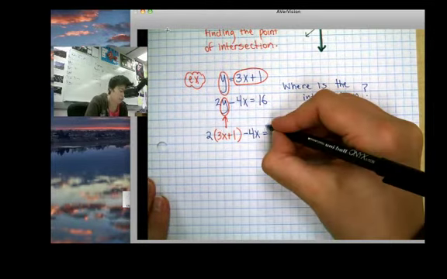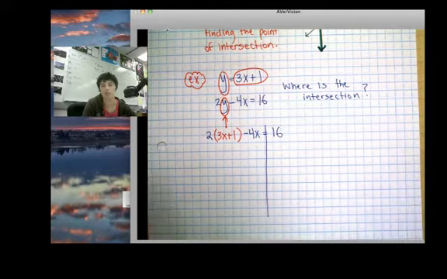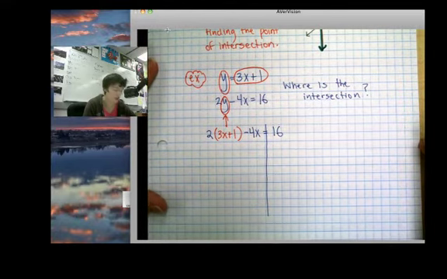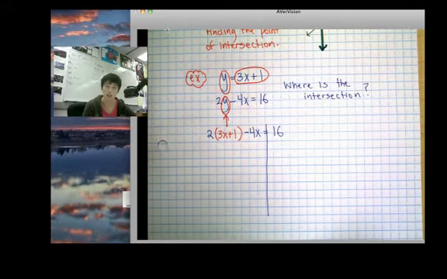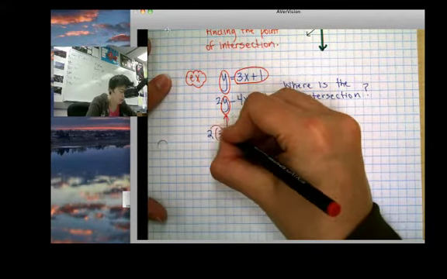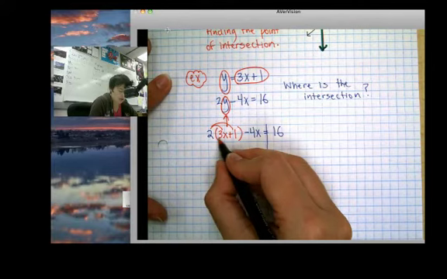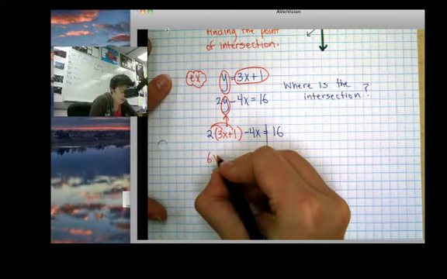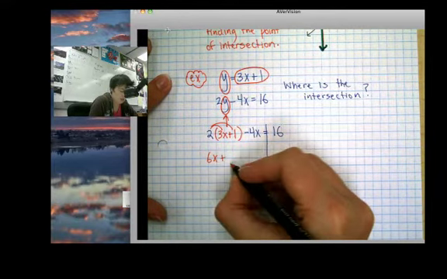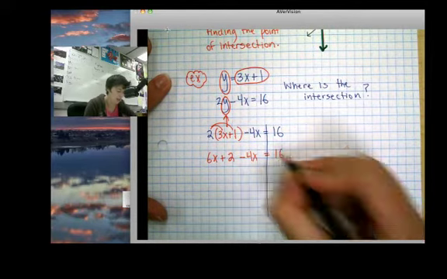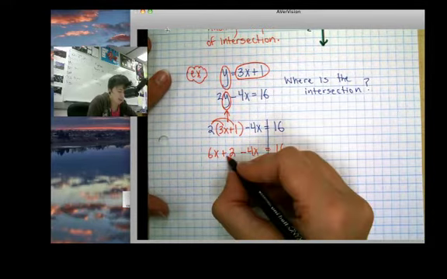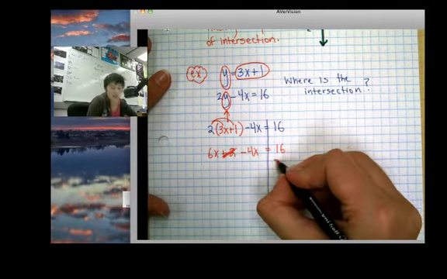Line down the middle, if you need a line down the middle. Let's solve this equation. So now it's really solvable. It's all in terms of x's. It's a distributive problem where you have to multiply 2 in. So 2 times 3 is 6x, plus 2 times 1 is 2, minus 4x equals 16. And then I see that I could probably take this plus 2 and move it over to the other side.